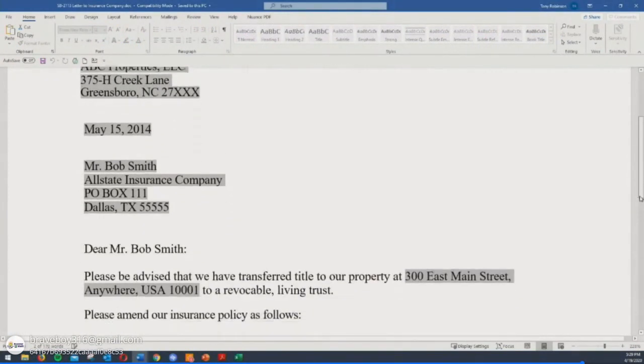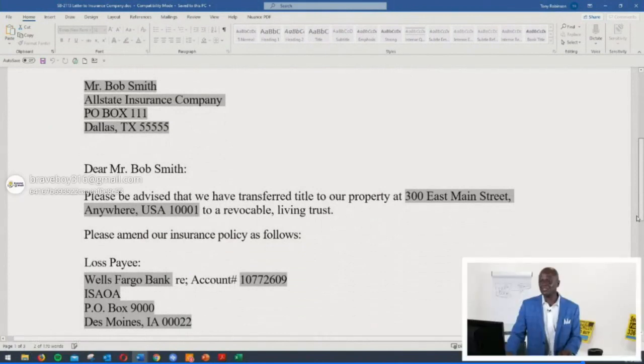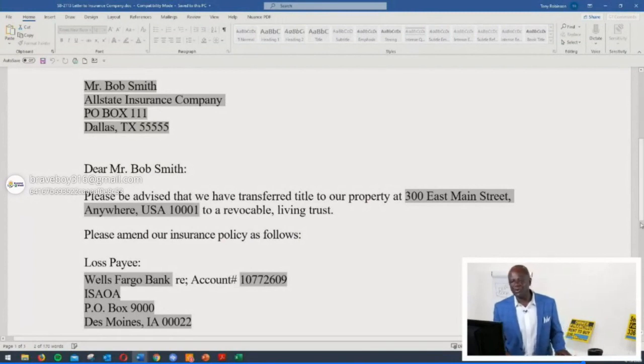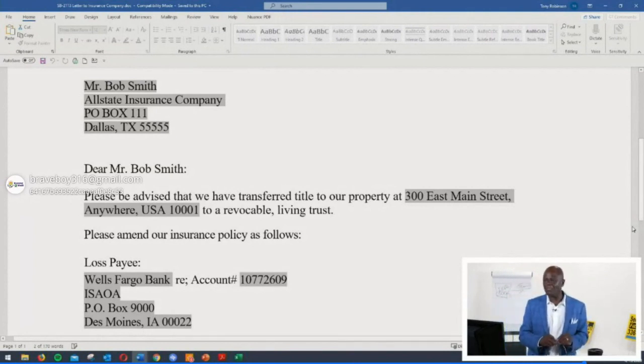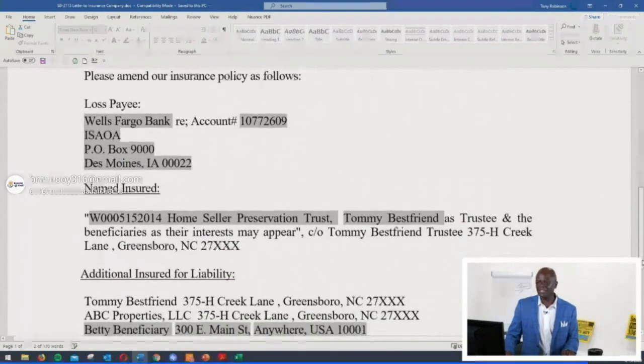All right, this is your letter to the insurance company, letting them know that you transferred your title to a revocable living trust. Now, you're going to use this when you're taking your property and putting it in a trust. You can let them know that they need to have the policy reflected as such.